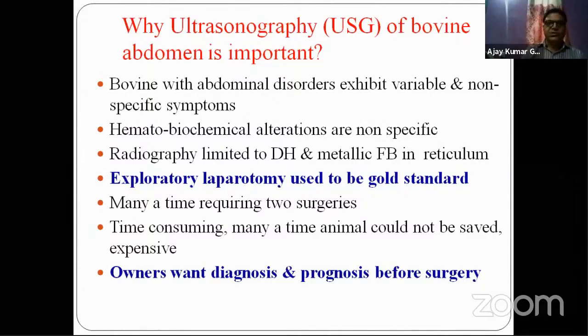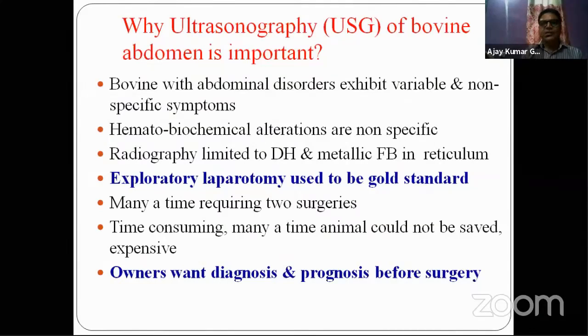So, the first question arises: why is ultrasonography of bovine abdomen important? As all of you know, bovines with abdominal disorders exhibit variable and non-specific symptoms. The symptoms of bovine abdominal disorders are not very specific or pathognomonic for any disease. For example, in most diseases, the owner reports that the animal is showing inappetence or is anorectic.